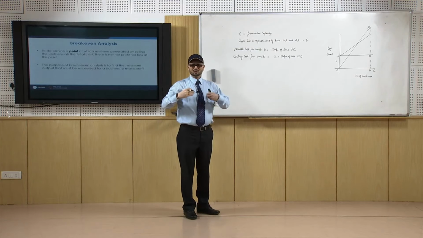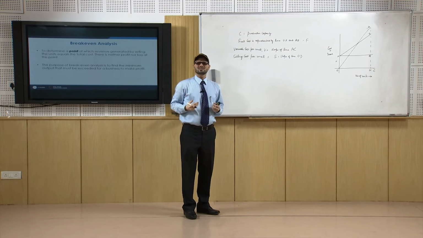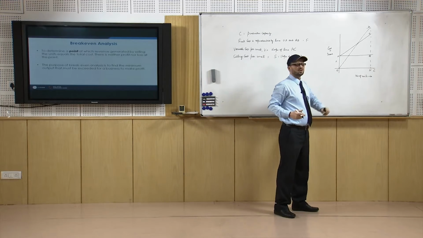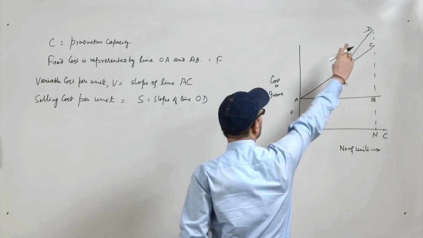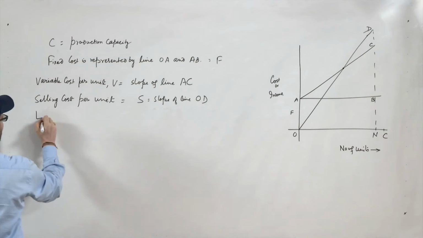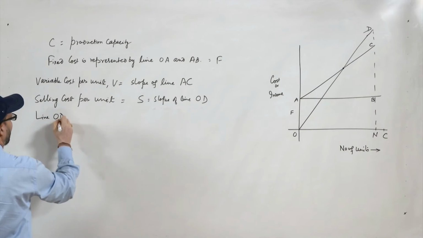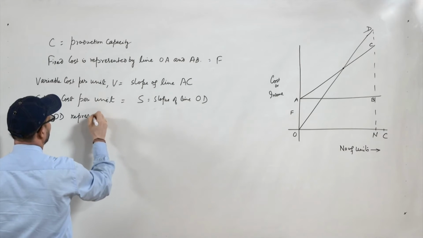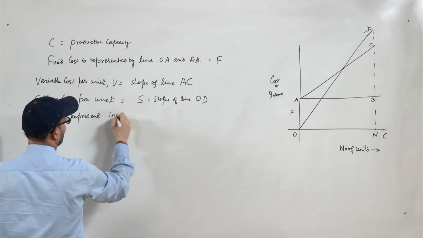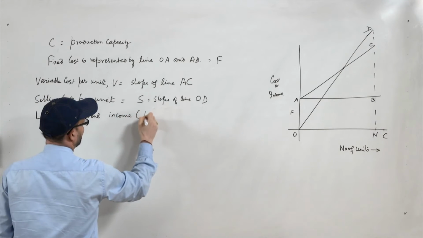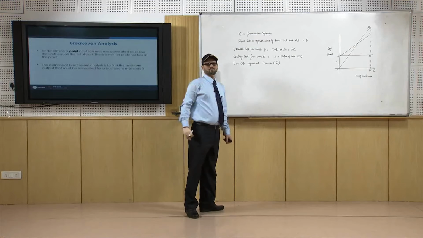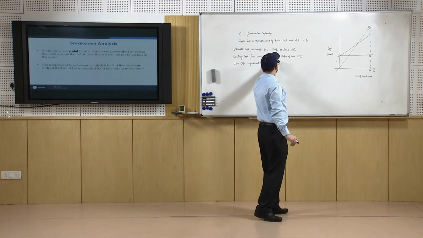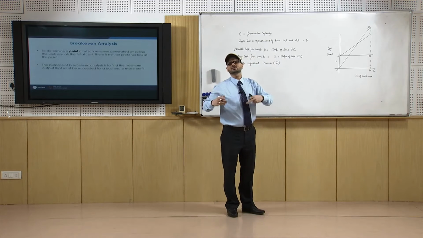Now, once we generate the income based on the number of units sold, the line OD represents income, that is I. So, income will be nothing but S into the number of units produced.